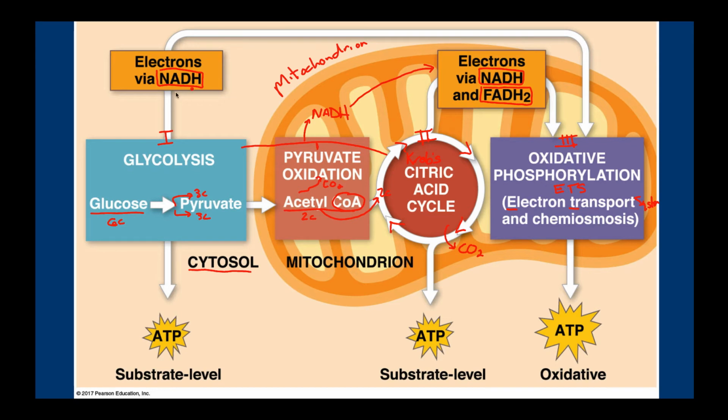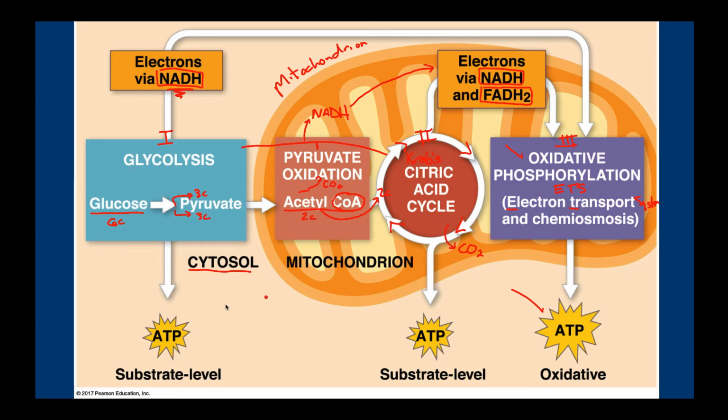And what's happening here is that a lot of the energy that's tied up in the glucose molecule is going to get converted, transferred to these electron carriers. And those electron carriers are going to play a major role in how we produce ATP at this last phase of cellular respiration called oxidative phosphorylation.